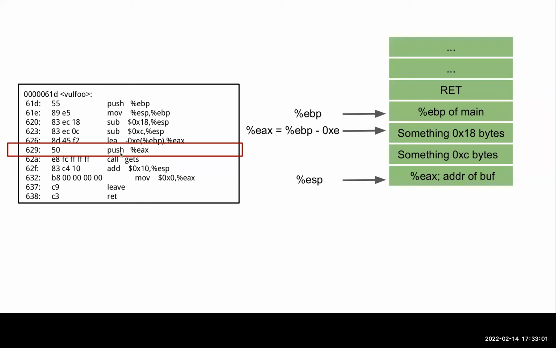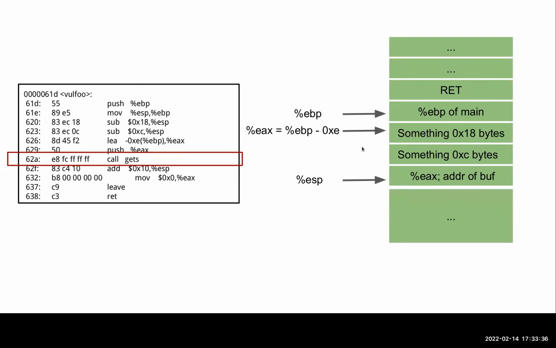But the push says the address is in EAX, then you keep going back. This is kind of like backward slicing in program analysis language. You're trying to figure out the instructions that are related to gets. Then you can figure out the destination for your input is at EBP minus E. So EBP minus E obviously is higher than EBP minus 18 in hex here.